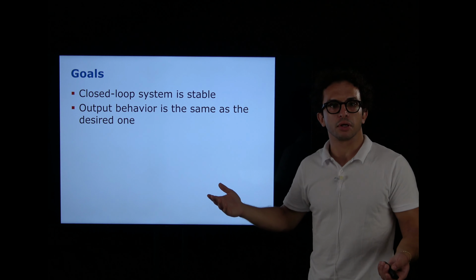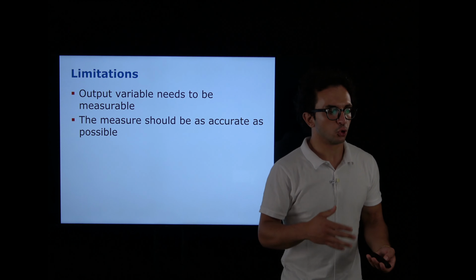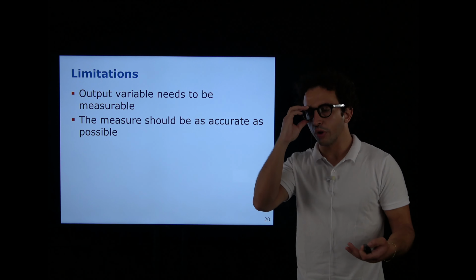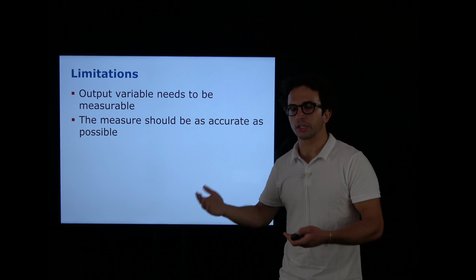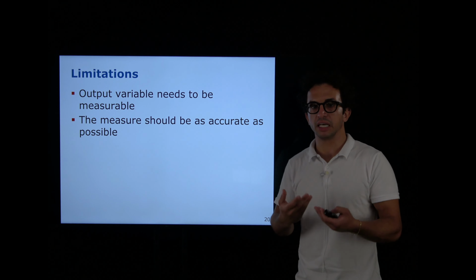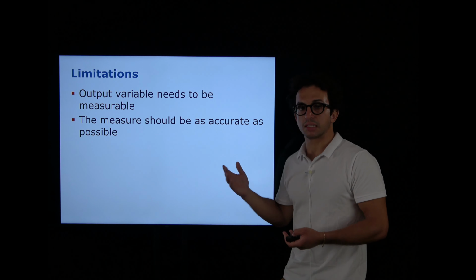What are the bad things about this kind of scheme? What are the limitations? Well, the limitation is that we need to be able to measure whatever we are interested in. Whatever it is that we are trying to control needs to be a measurable thing, it needs to be available, and the sensors must be good.